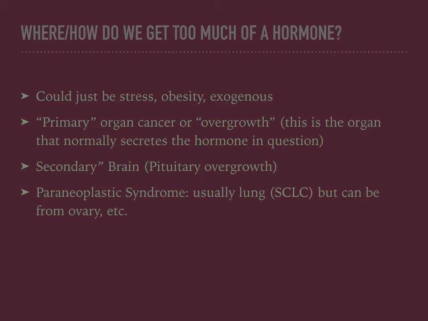Remember also that lung is not the only place where ACTH is secreted in a paraneoplastic syndrome. A paraneoplastic syndrome can arise from a tumor in the ovary, for example, but lung is the most common organ.